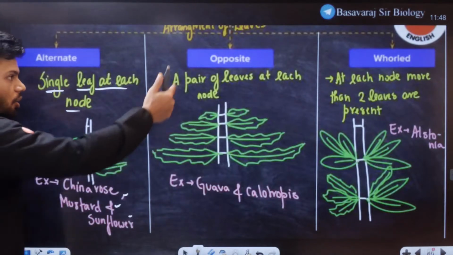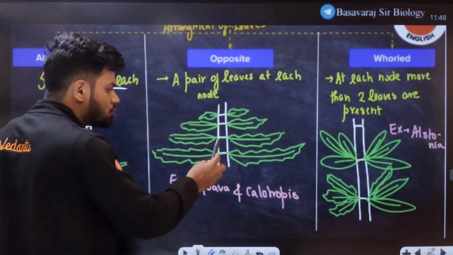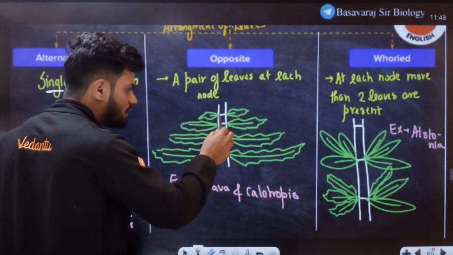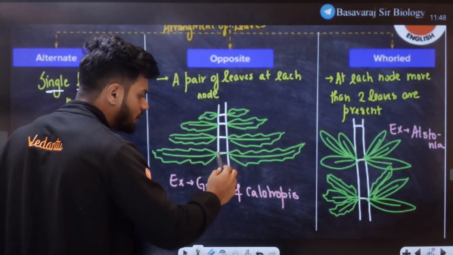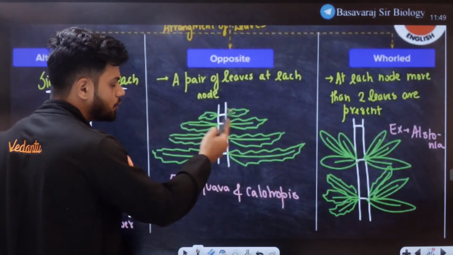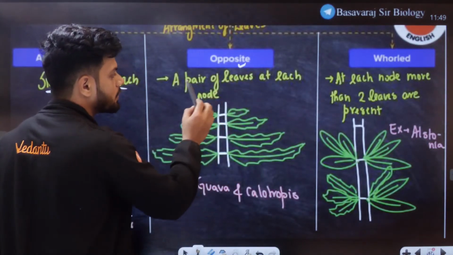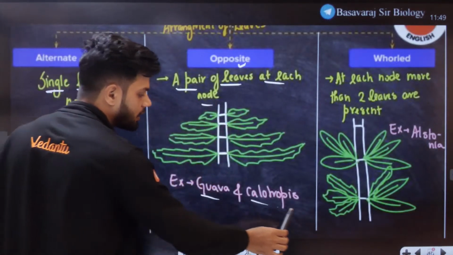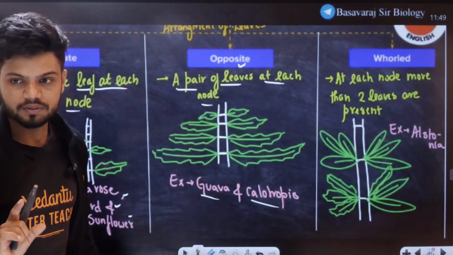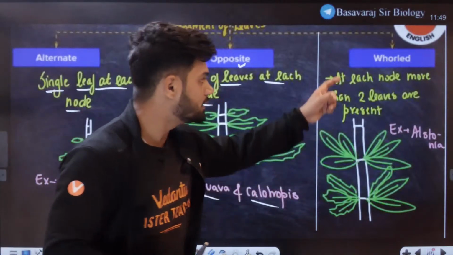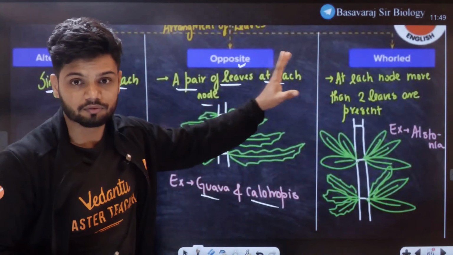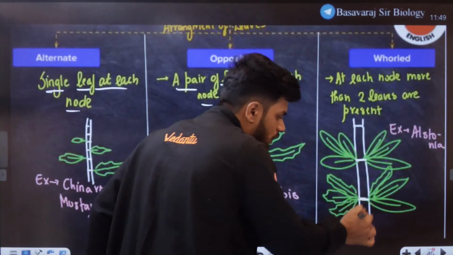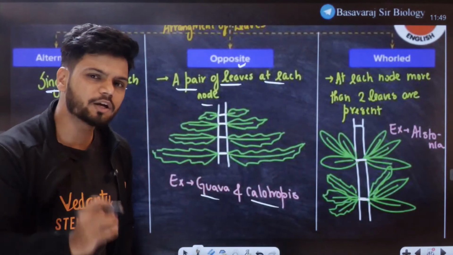Now opposite, can you see? At each node, how many leaves do you find, students? Two leaves. So every single node will have two leaves. That is called opposite. A pair of leaves at each node. Guava, calotropis. Now understand whorl.